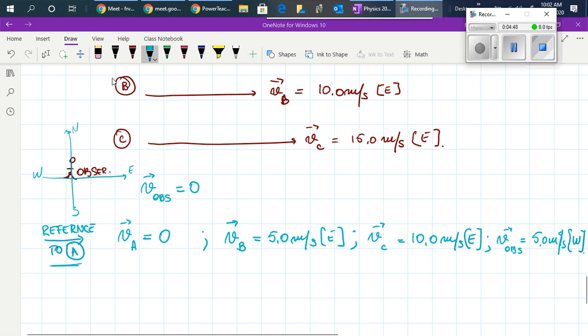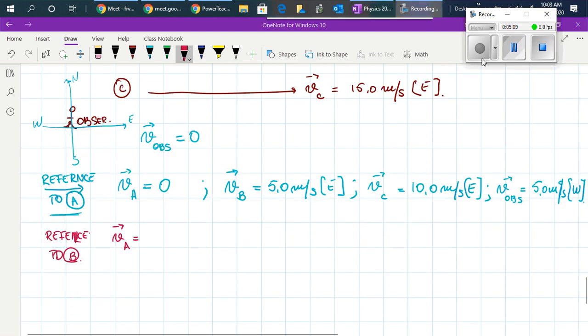So now we observe what is happening in reference to B. Object A will have a velocity, answer me on the chat, please, of 5 meters per second going west.